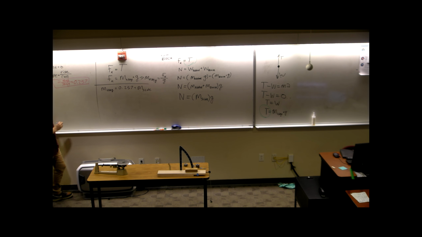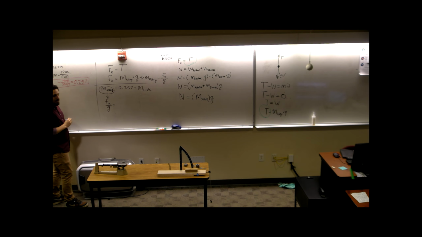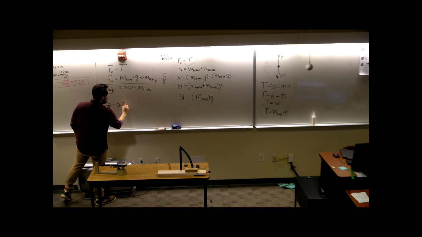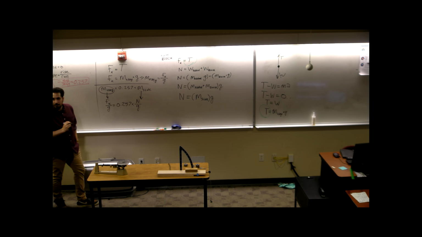I think I got that right. So we can then replace mass that is hanging with kinetic friction divided by g, and that's 0.257 multiplied by the mass that is sliding. But the mass that is sliding can be rewritten as normal force over acceleration due to gravity.